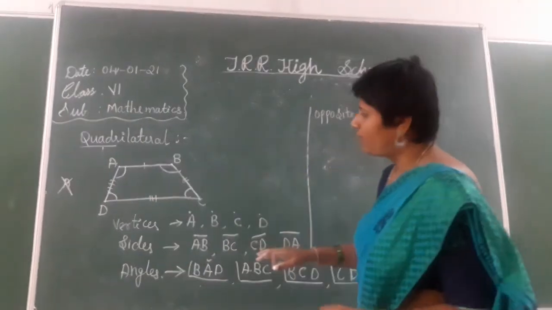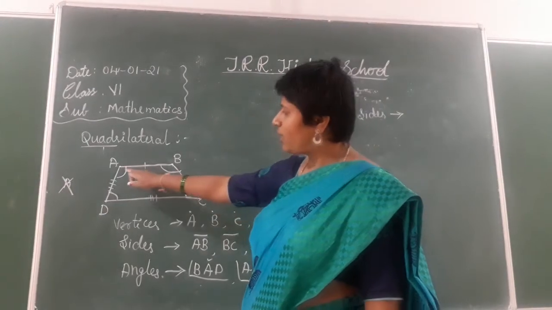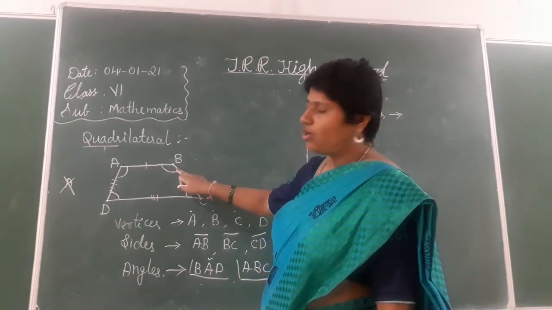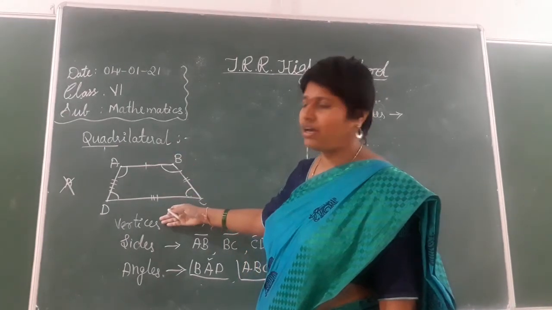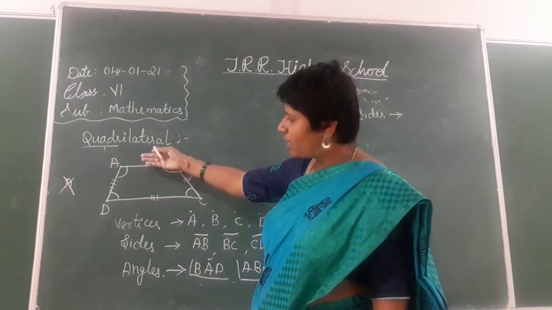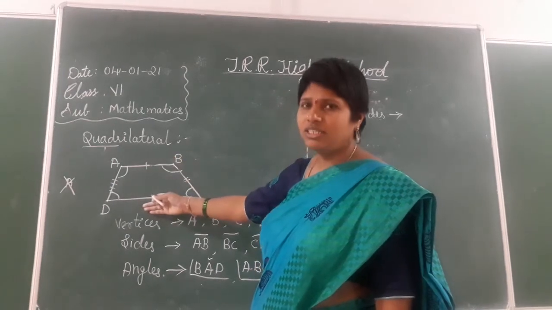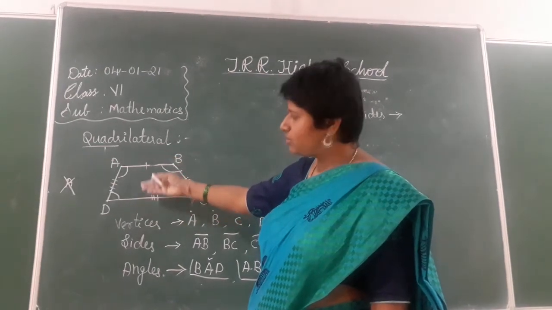Now if I take this figure, the opposite side of AB, this is your AB. Exactly opposite to AB is which line segment? You assume AB as myself, and you are sitting here. So you are myself, I am opposite to you, and you are opposite to me.